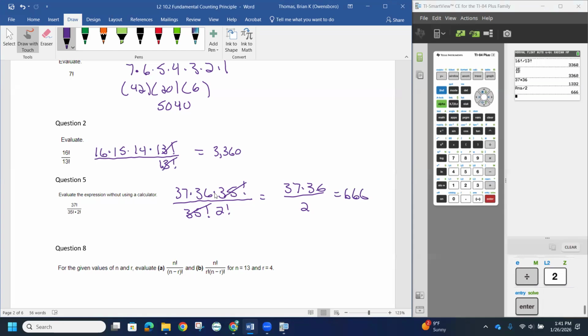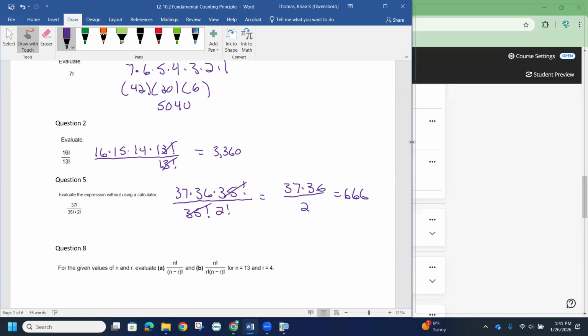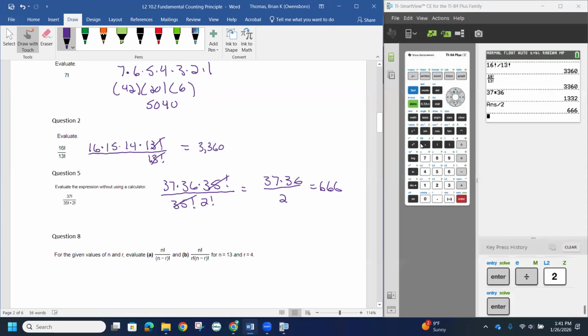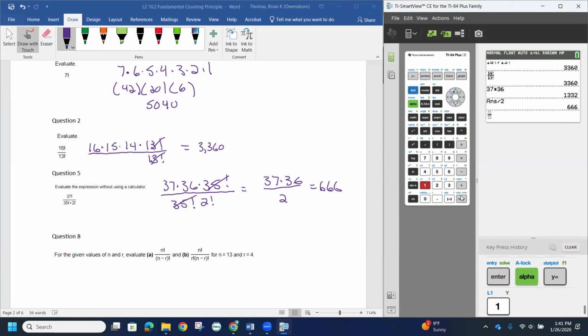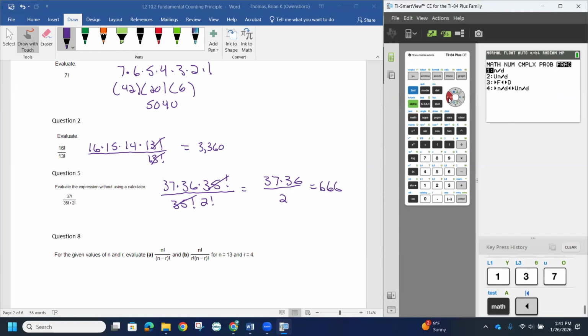Now, notice how I could also just put this in the calculator. Let me make this a little bit bigger. So if I go up here to this F1, if I hit the alpha button and then hit the y equals button, it creates this menu. If I want to create a fraction N over D, I can do that. I could put the 37 factorial in there, 37 math, probability number 4.